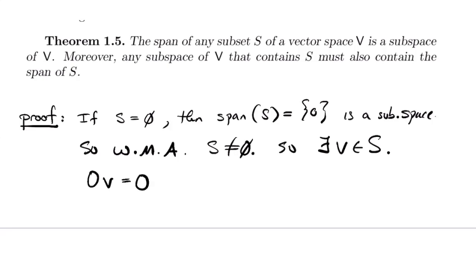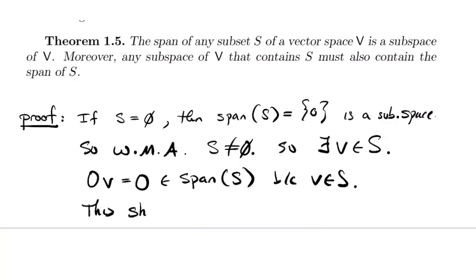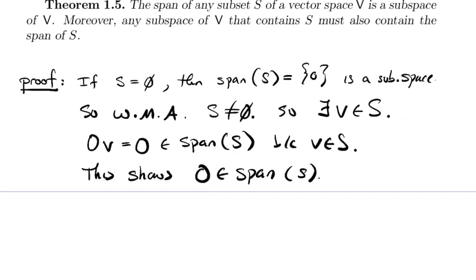But the 0 scalar times V added to nothing else is by definition an element of the span of S, because V is in S. So that shows that the 0 vector is in the span of S. All right, so that's the first of our three conditions that we have to check, that the 0 vector is in there.